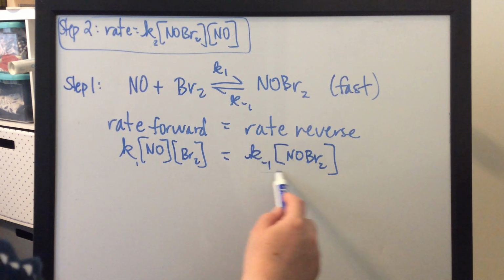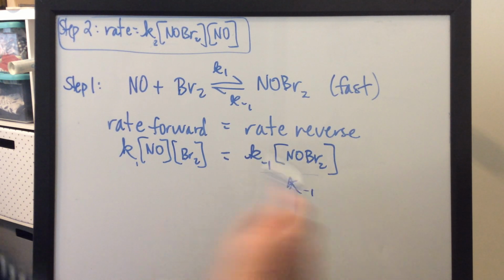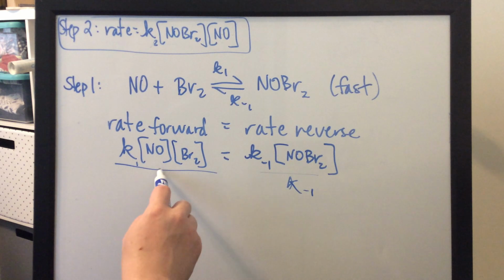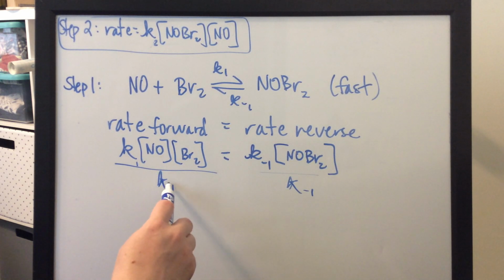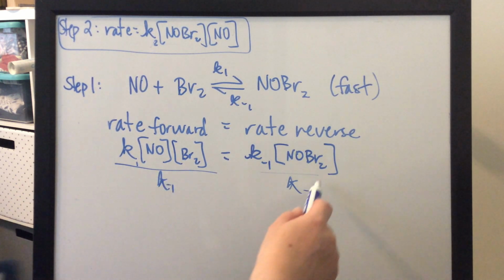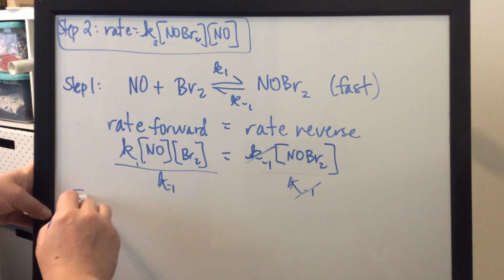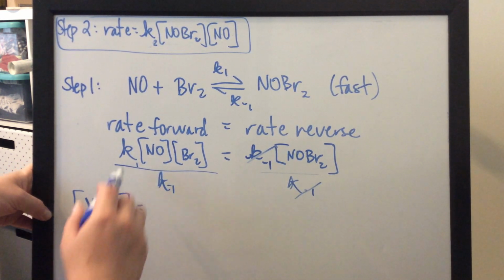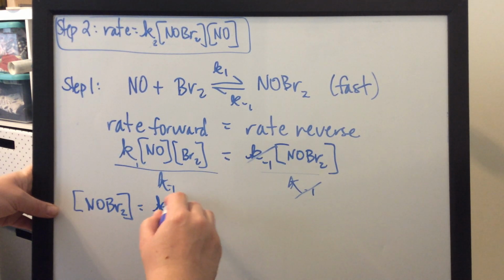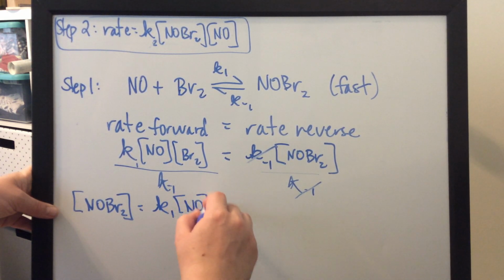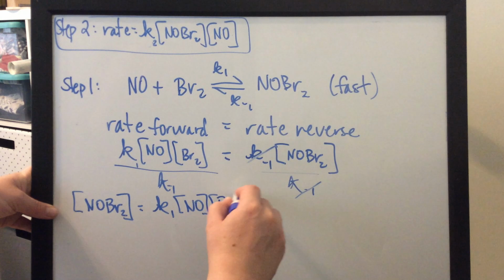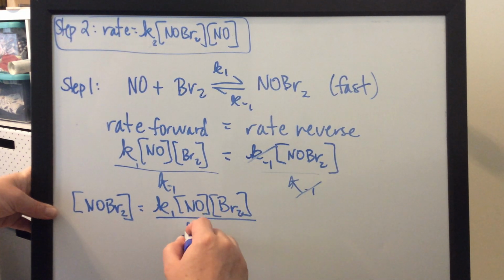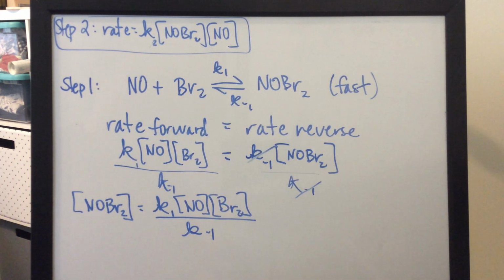K is in my way, so I'm going to divide both sides by K of the reverse. Okay, and I get that the concentration of NOBr2 is equal to K1 times the concentration of NO times the concentration of Br2 over K of the reverse.